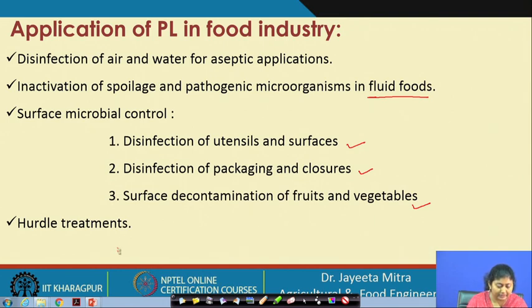Pulse light is also used in hurdle treatment. We will discuss hurdle treatment in a small way at the end of this non-thermal section, where we will elaborate what hurdle treatment is. So, this is the use of pulse light in the food industry.